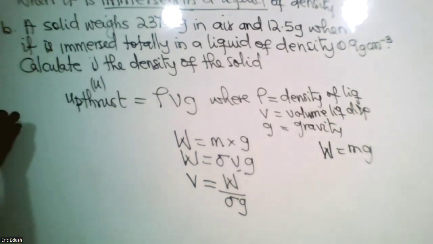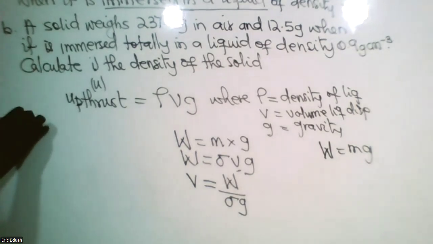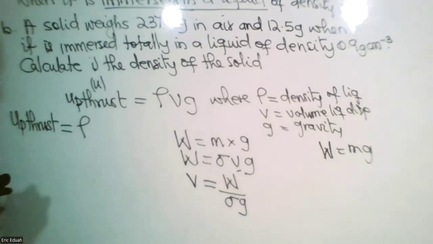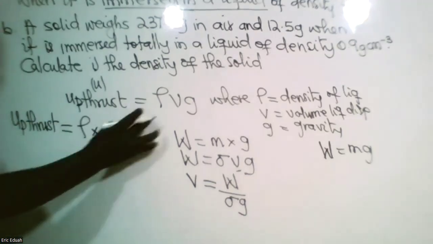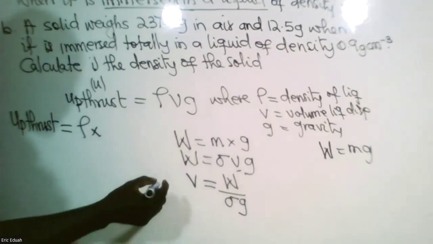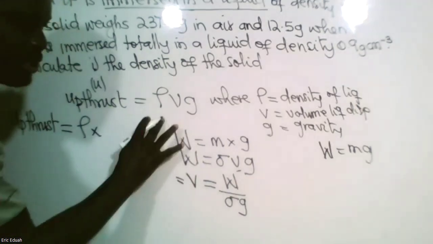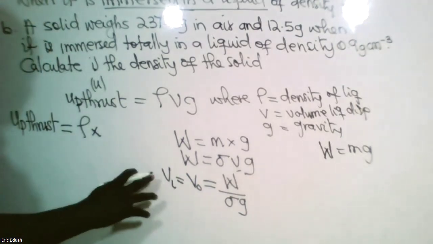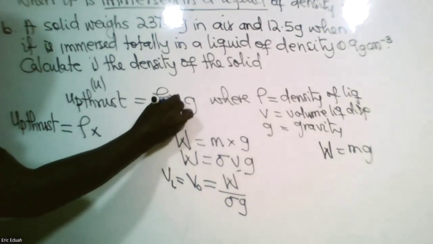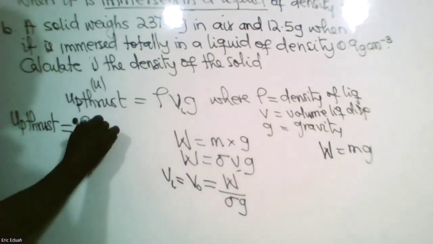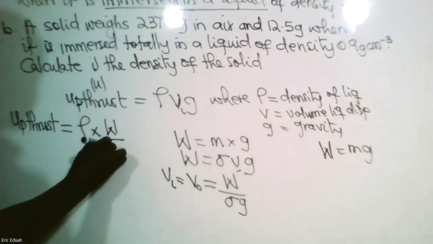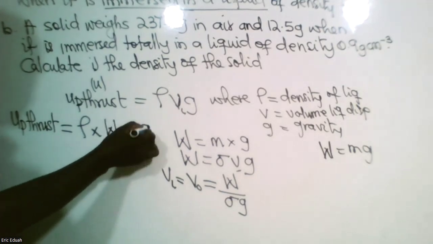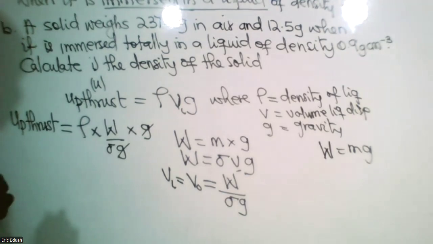Therefore, upthrust will be equal to the density of the liquid rho times the volume of liquid displaced. Don't forget, I said the volume of liquid displaced becomes the volume of the object when submerged. So the volume of liquid displaced here will be equal to W over density of the body times gravity, and then G would cancel out.